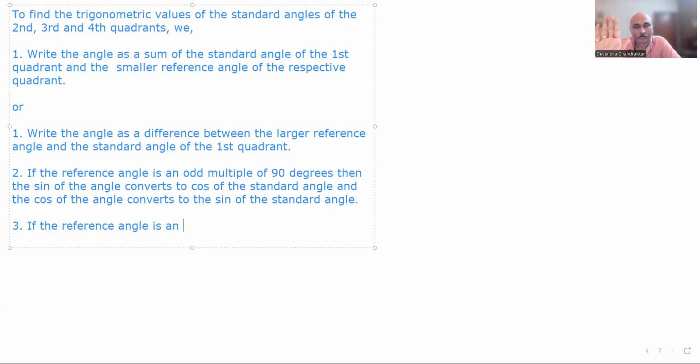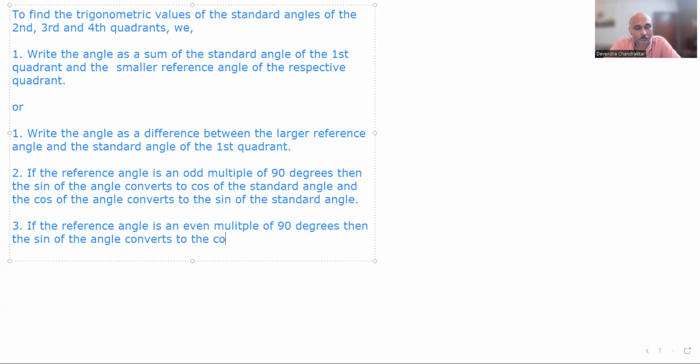Just wait now. If the reference angle is an even multiple of 90 degrees, then the sine of the angle converts to the sine of the standard angle.